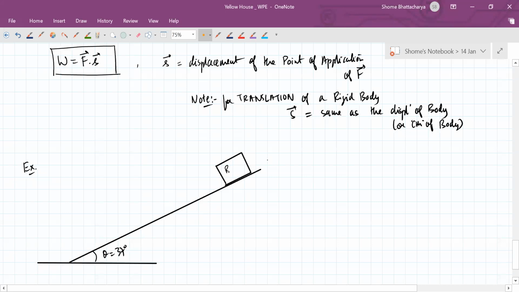Okay. So we have a block. Now this has a coefficient of friction of 0.5. And the block slides down from the position A to B.